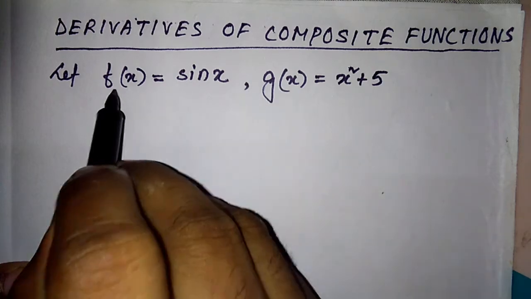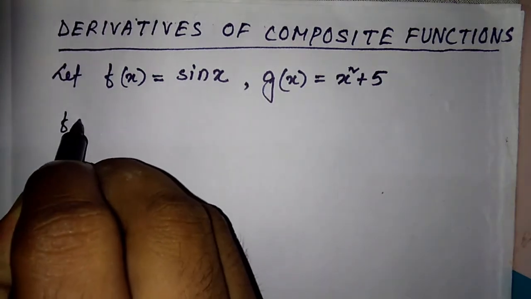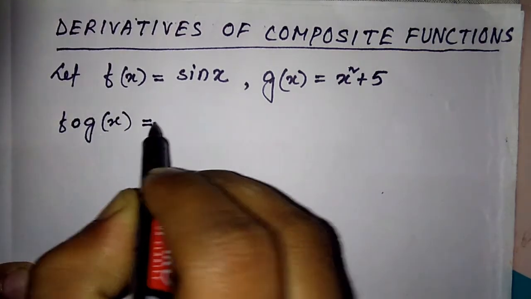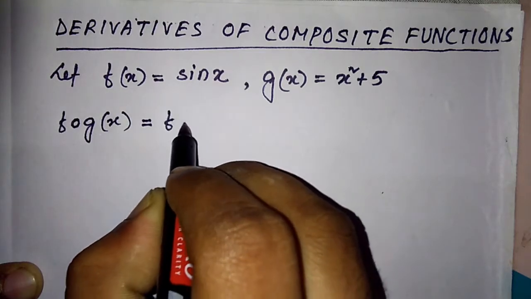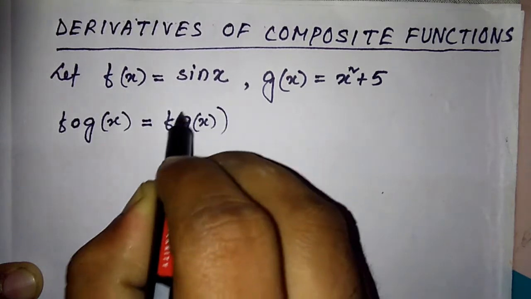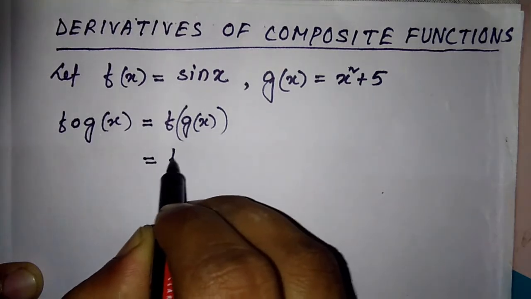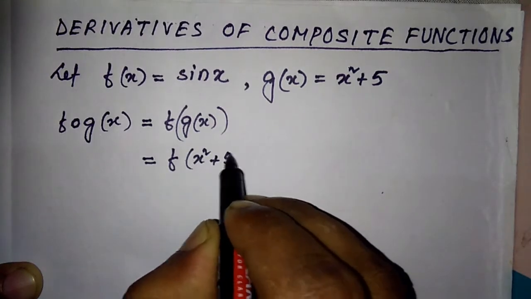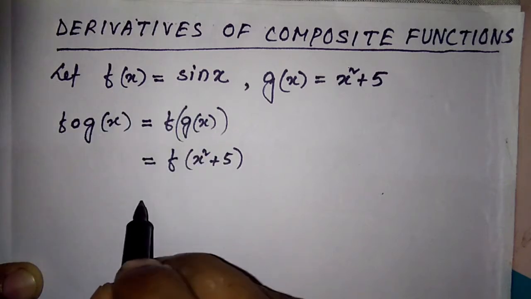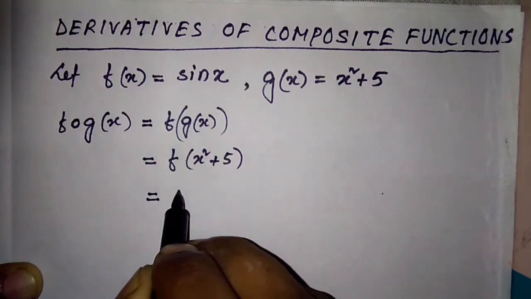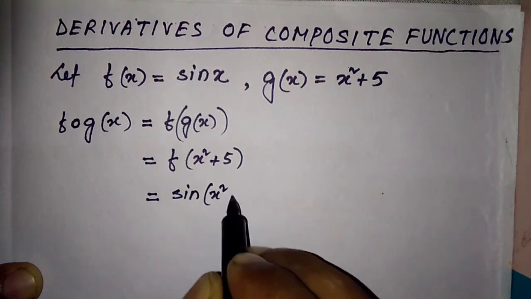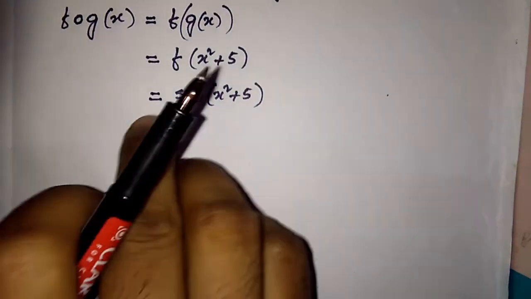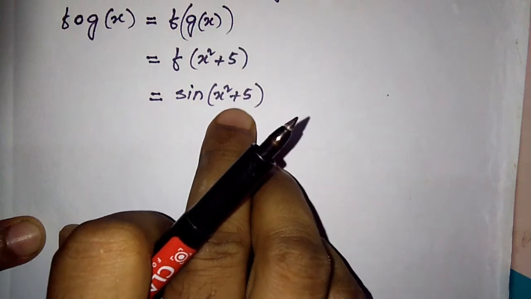Composition of these two functions f and g is denoted by f∘g(x), which is equal to f(g(x)). Here g(x) is x square plus 5. f(x) is sin x, so f of x square plus 5 is sin(x square plus 5). It is the composition of two given functions f(x) and g(x).